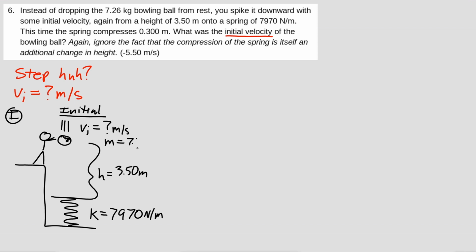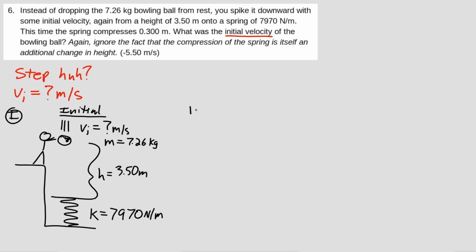The bowling ball has a mass of 7.26 kilograms. I googled it. I think that's actually the mass of a 16-pound bowling ball, so the heaviest bowling ball you're allowed to use. So we've got that.